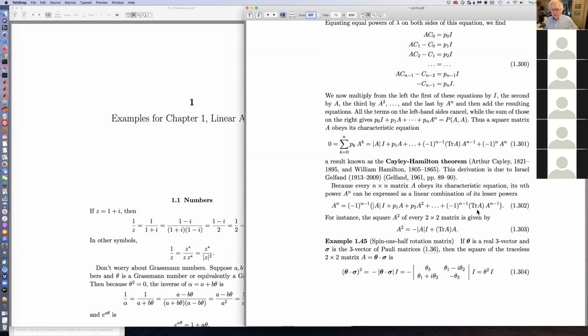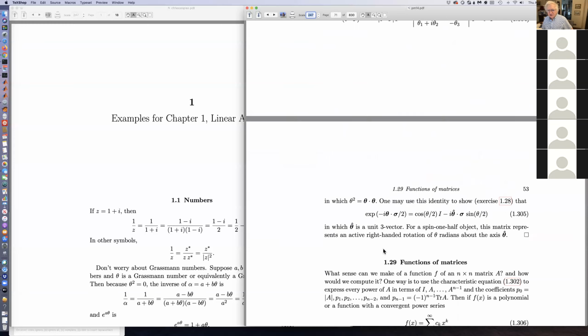Anyway, because an n by n matrix obeys its characteristic equation, the nth power can be written in terms of the lower powers of the matrix. For example, the square of any 2 by 2 matrix can be written as minus the determinant times the identity plus the trace times the matrix.